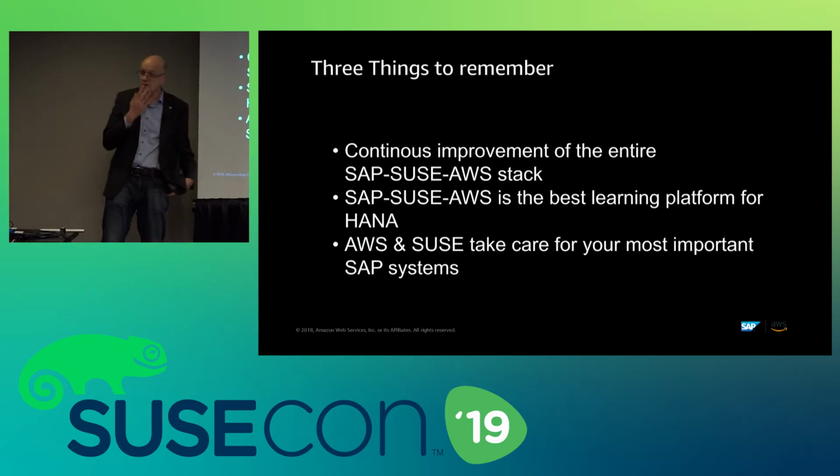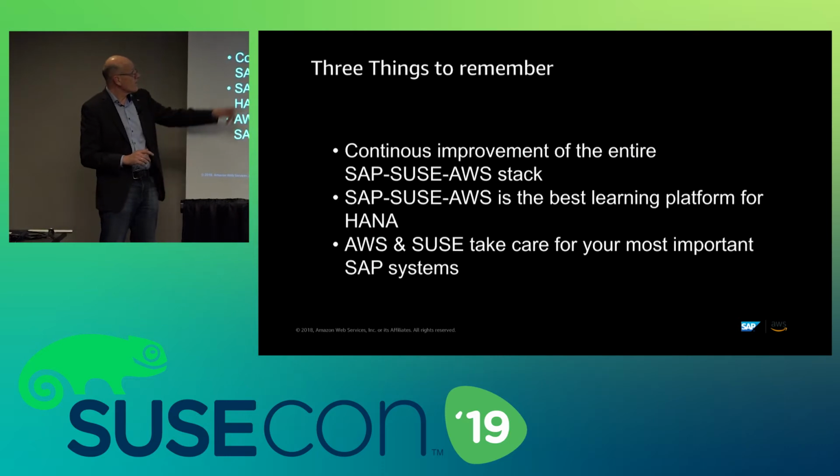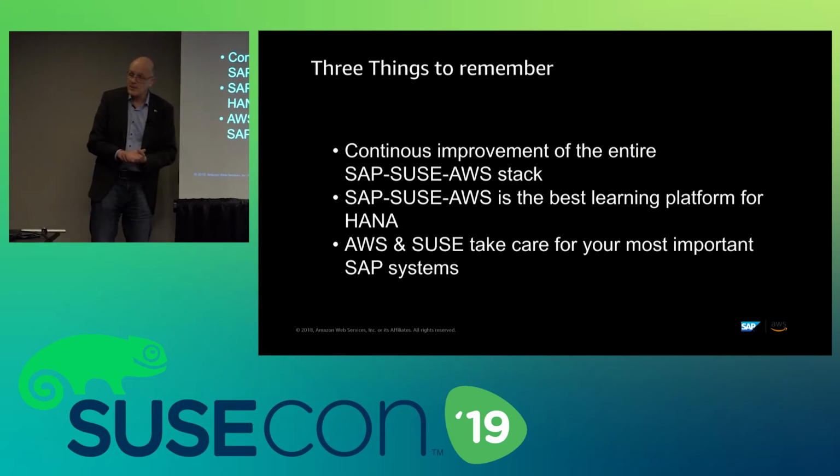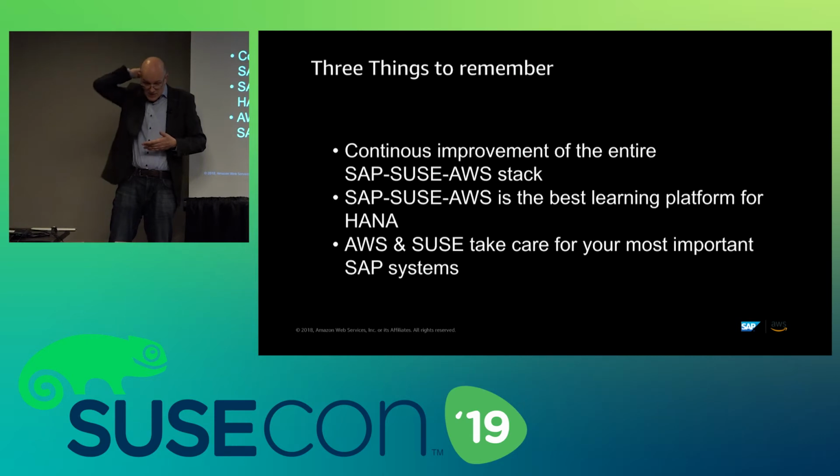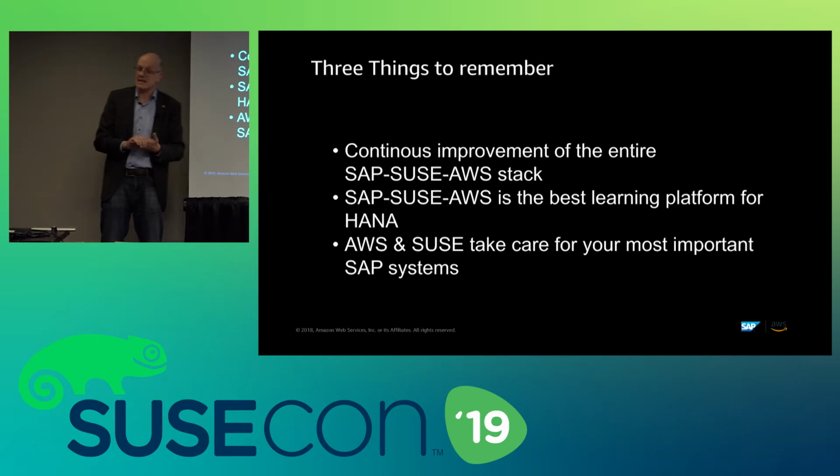3 things we want you to take home. First thing is we're permanently working on improving our stack. Our customers are creative. Our customer asks us for new things. Make sure that you get the latest documents. Go to the SUSE documentation page and check what the latest document is.